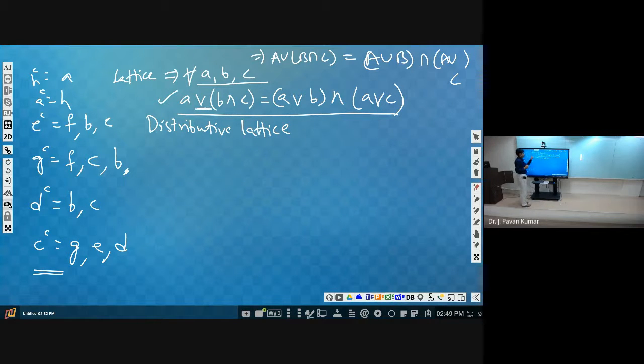Okay. For all the possibilities of A, B, C, if this particular condition is satisfied, then we can say such a lattice is a distributive lattice.